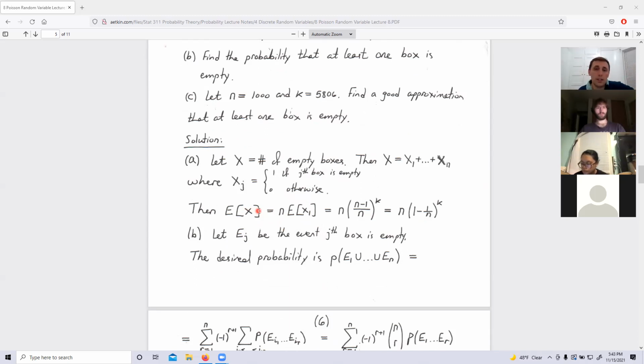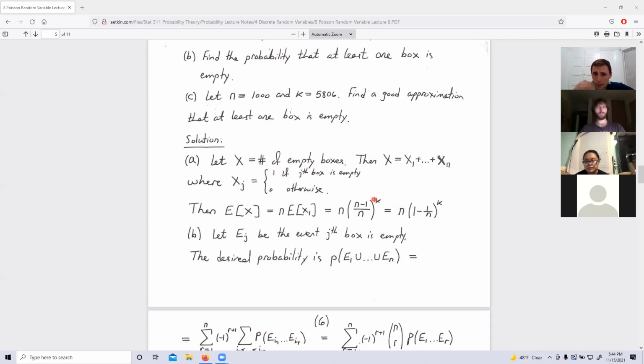So then we can calculate the expected value of x1 all the way through xn, and we know that they are going to have the same distributions. So the expected value of any xj, for instance, means that all the balls went to other locations.